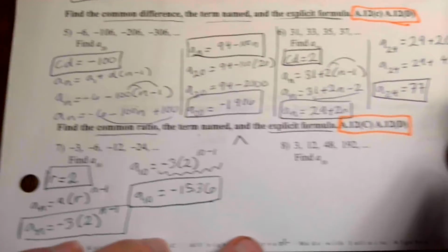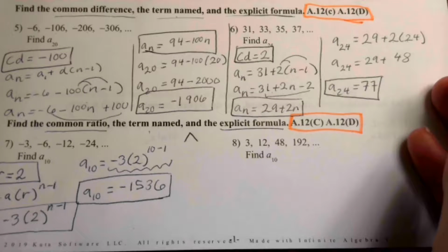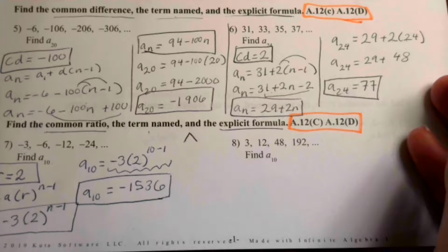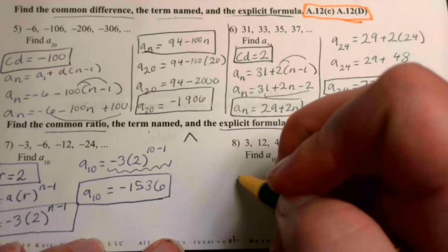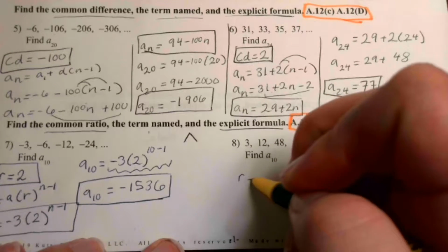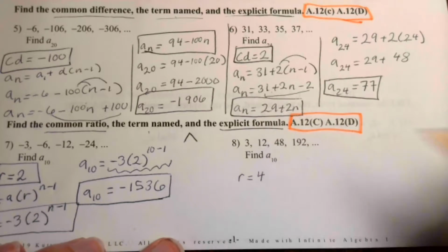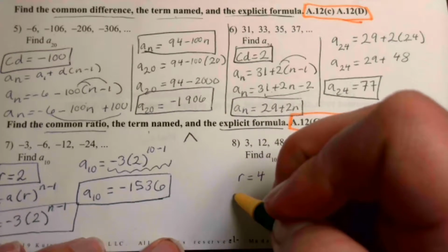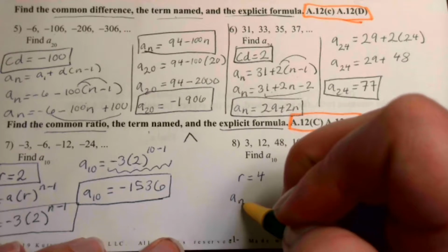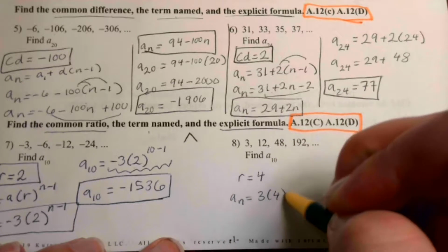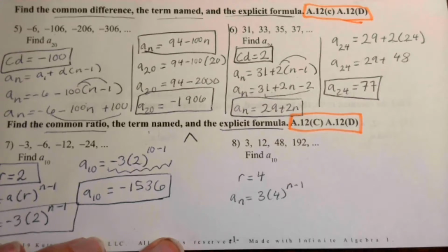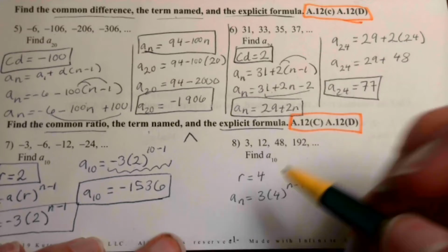Next one. Again, what is your first term? What is your explicit formula? My ratio is multiplying by 4. My first term is 3. So I have my explicit formula and my ratio.